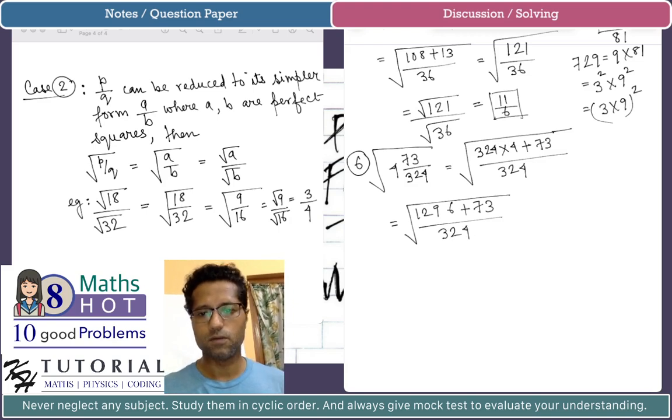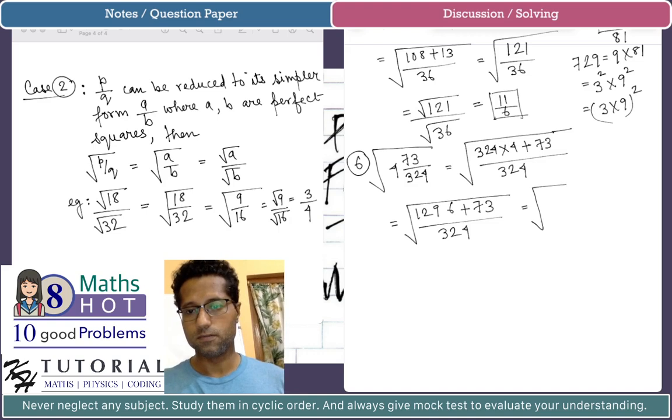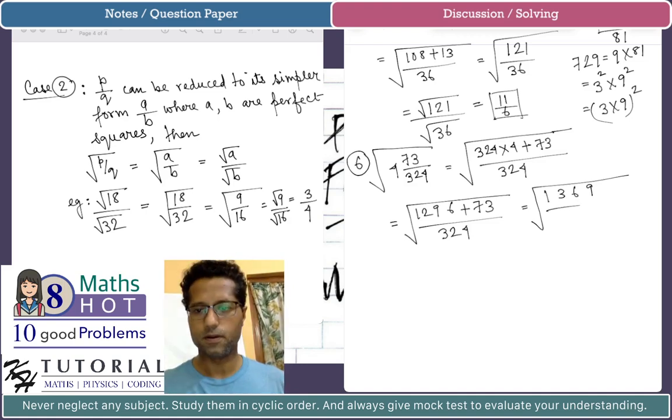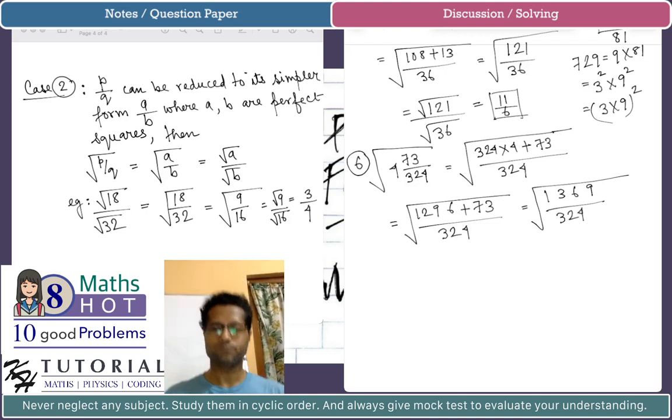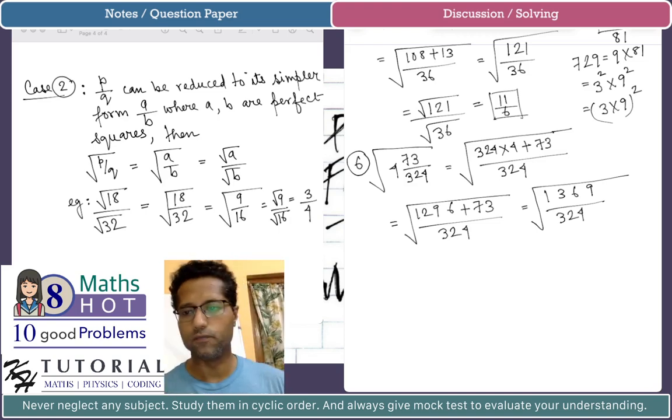I am not sure about what is 324. Okay, so this becomes 1369 divided by 324. Now, I have no idea about 1369 and 324.